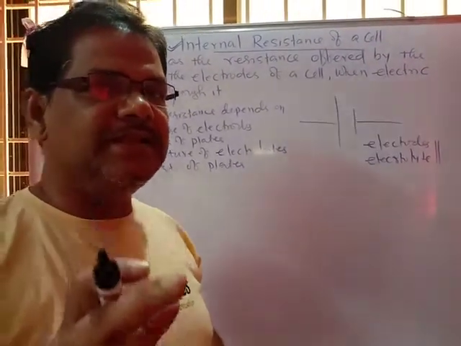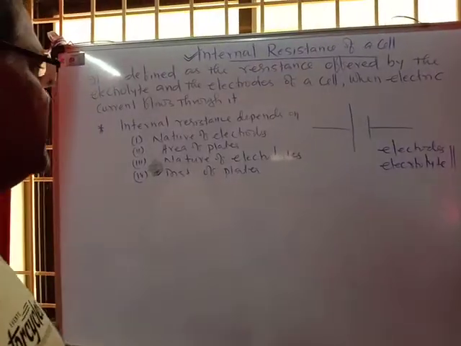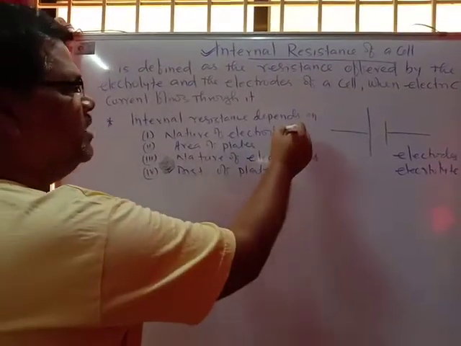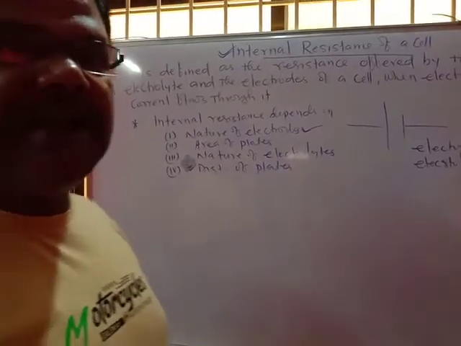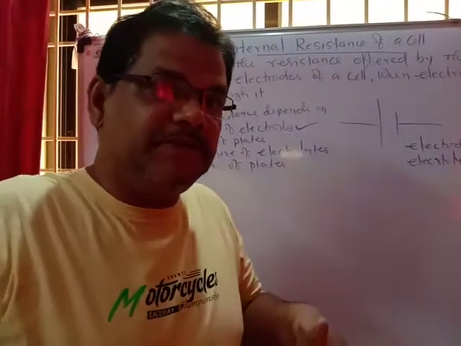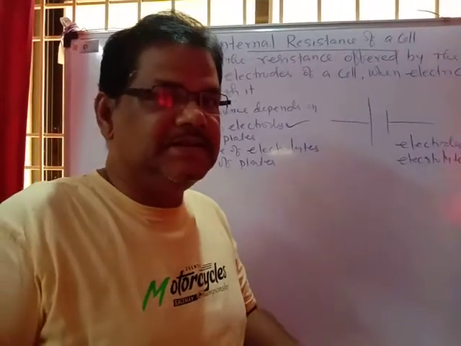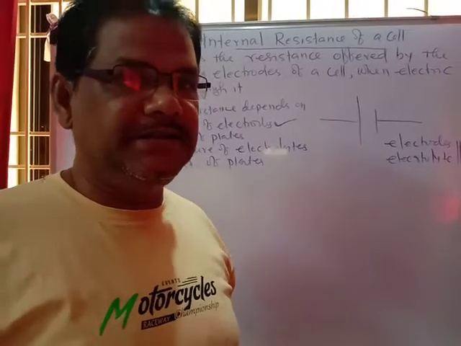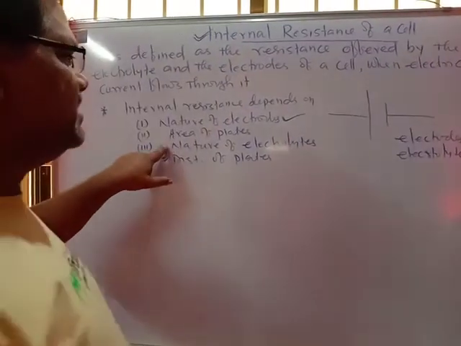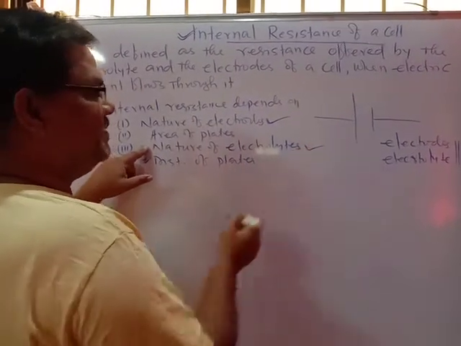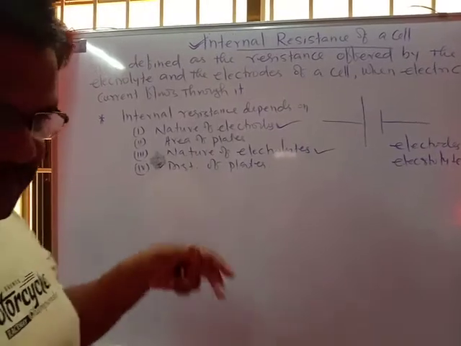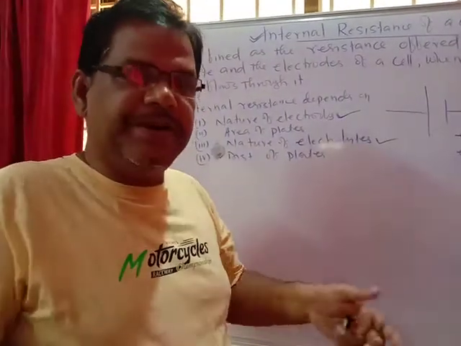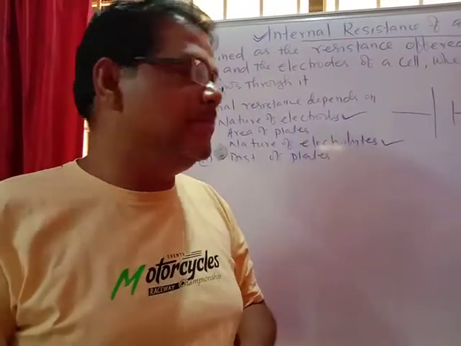So the internal resistance of the cell depends upon the nature of the electrodes and the area of the electrodes immersed in the electrolyte. It also depends upon the nature of the electrolyte and the distance between the electrodes. If the distance between the electrodes is more, then the internal resistance of the cell will be more.